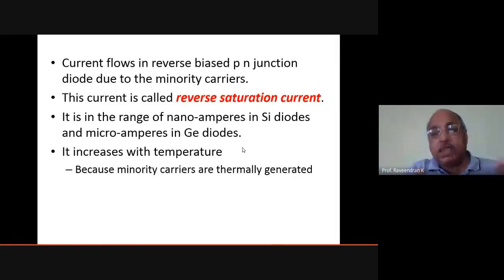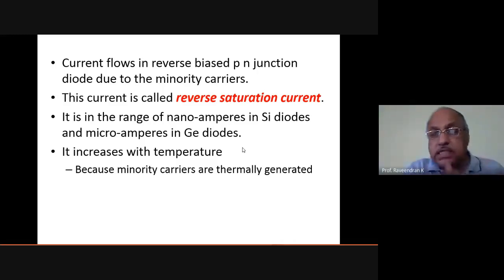In the reverse bias condition also, we have seen the nature of the voltage applied across the PN junction. Here the voltage polarity is reversed, and we saw what happens in the junction, how the depletion region is widened, and what actually makes the current flow through the PN junction under reverse bias, that is, the reverse saturation current.